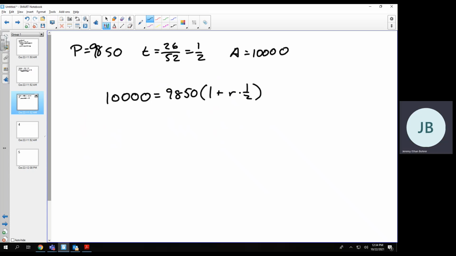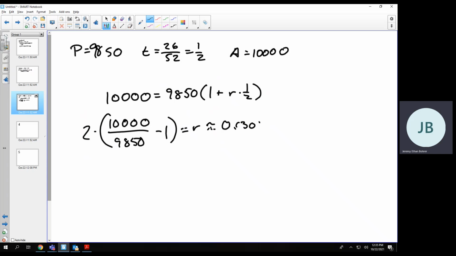We can divide both sides by 9,850, and subtract 1, multiply the whole thing by 2, and that will give us r. And that is going to be approximately 0.0305, or about 3.05%.